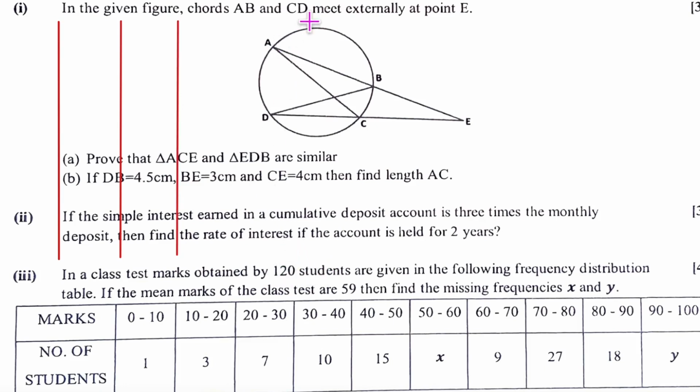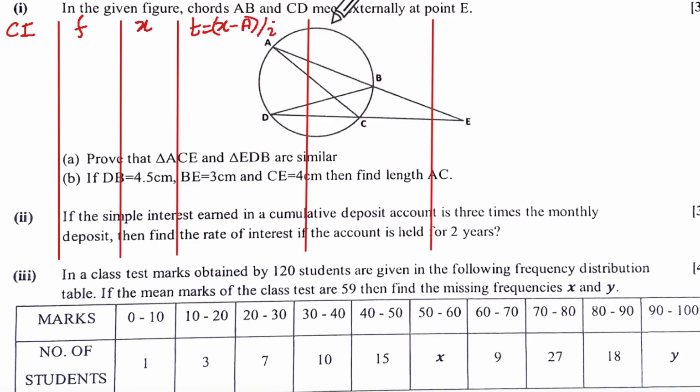So step deviation method means I'll have to find T, and then I'll have to find the FT. All right, let us write this. CI means class interval, frequency, then class mark x, then T will be equal to (x minus a) upon i, where i is the class width, and then FT.